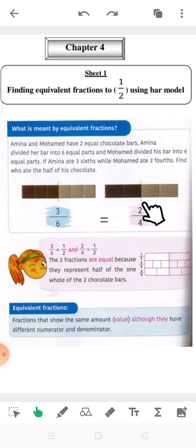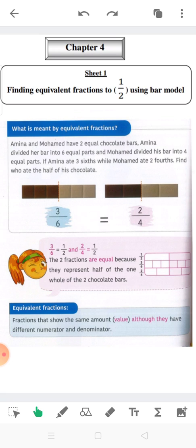So both of them ate half of a chocolate. Look here, 3/6 equals half and 2/4 equals half as well.